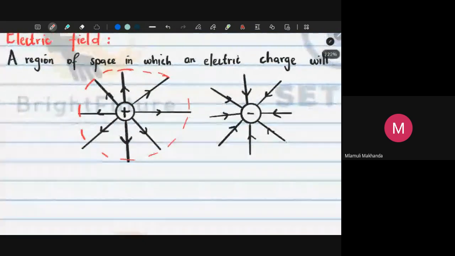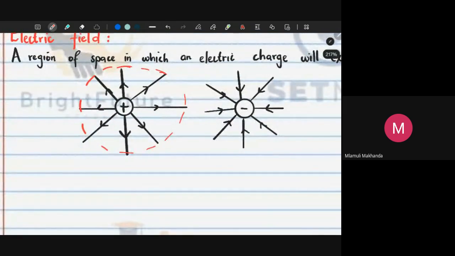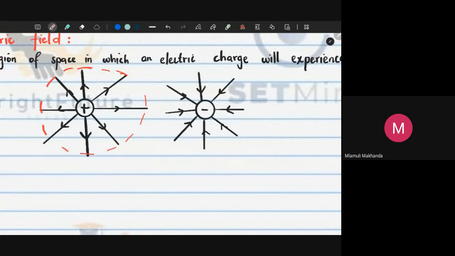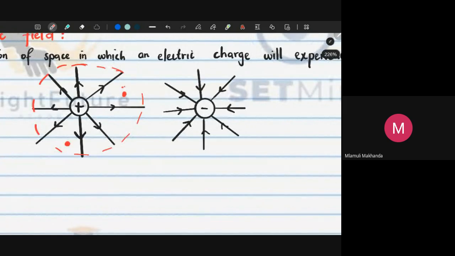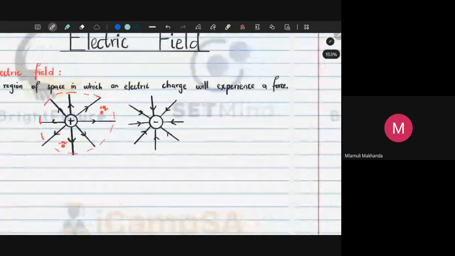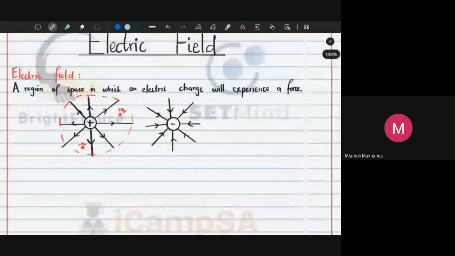So what this definition is saying is if I take an electric charge and I put it within this space, say I put it here or there, or wherever, really, it doesn't matter, but within this space, right? That charge, let's say maybe it's plus or minus Q. Let's say this is plus Q, this is minus Q. That charge will experience a force, and we call that force the electrostatic force.